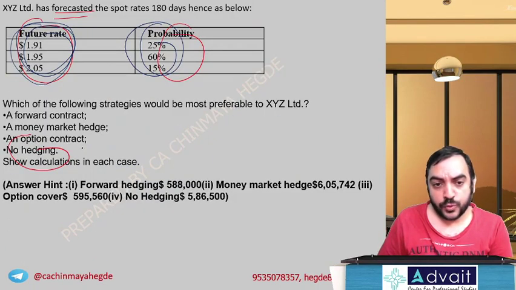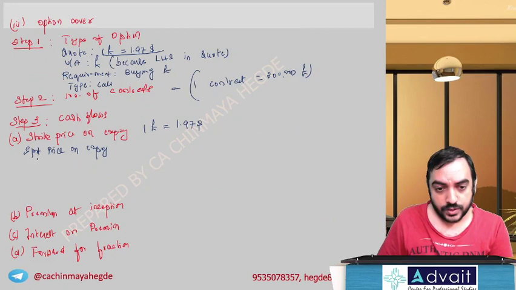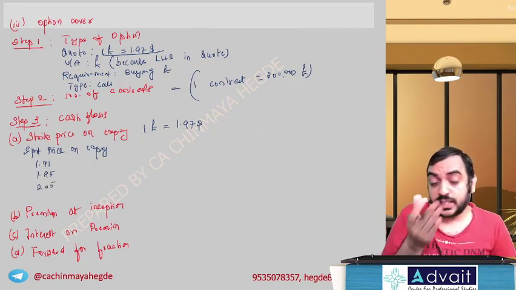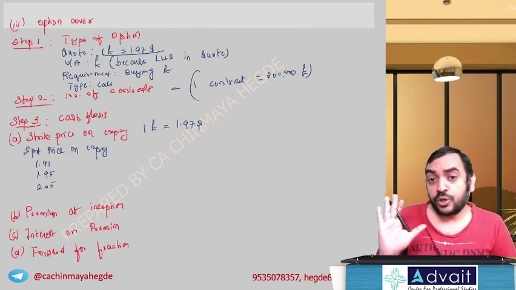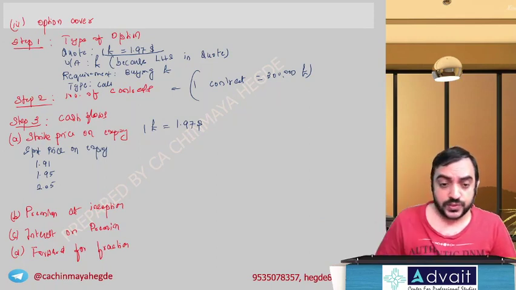The spot prices on expiry are 1.91, 1.95 or 2.05. And all these things we are settling on delivery basis; I'm not going for net basis discussion. Everything is on delivery basis.